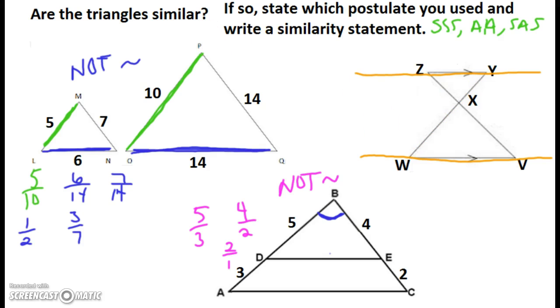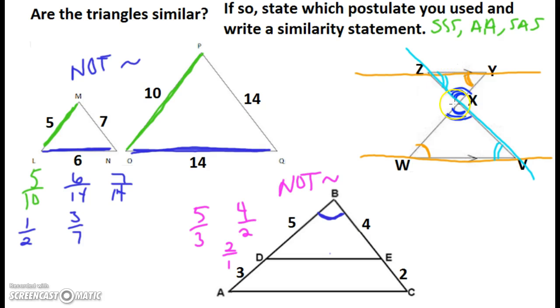All right, I'm going to back the transversal out, but I'm going to leave the alternate interior angles in. All right, and then I'm going to grab a different color. If I look at this transversal, I have this angle and this angle are alternate interior angles. And then guess what else I have? I also have this angle and this angle, because these two angles are vertical.